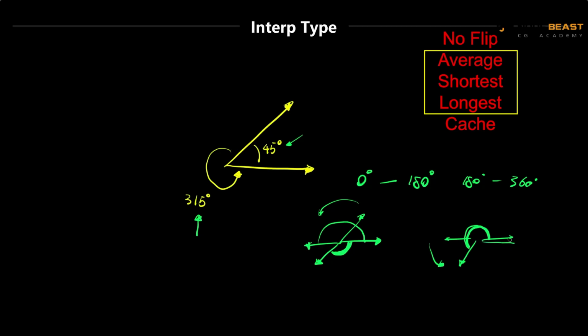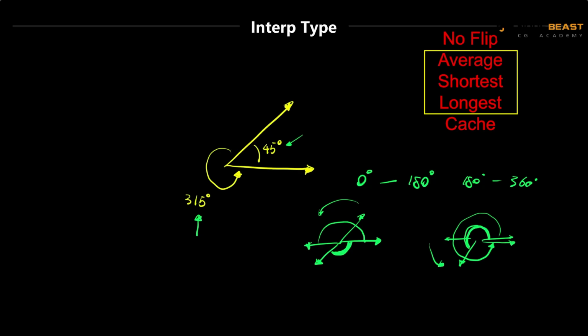And as we gradually return to this position, it still chooses the angle that goes the long way around, so it ends at 360. Now in our work, in my personal experience, I have never used the longest method, so we can probably just ignore it. So when we have multiple driver objects doing an Orient constraint or a parent constraint, in the vast majority of cases, we're going to choose the shortest option.